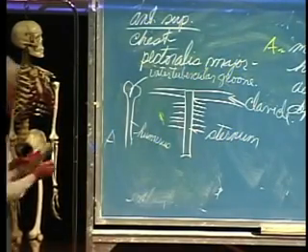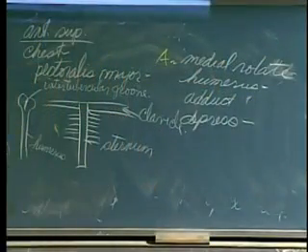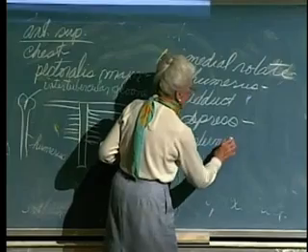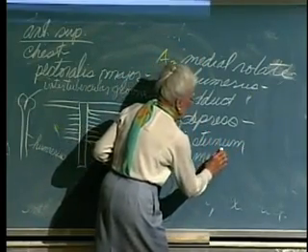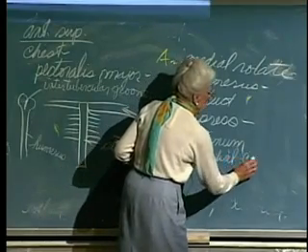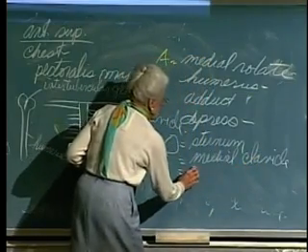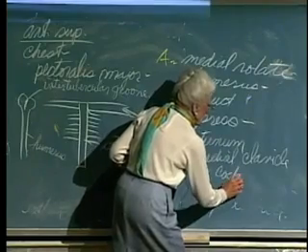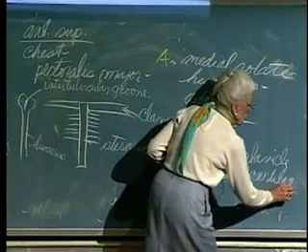Let's give them pink this time for something different. So we're going to have origin. Origin will be the sternum. Medial clavicle. And 2 to 6 costal cartilages. Review, review.